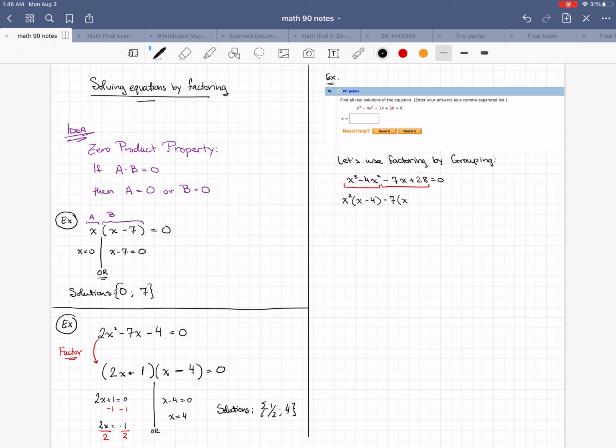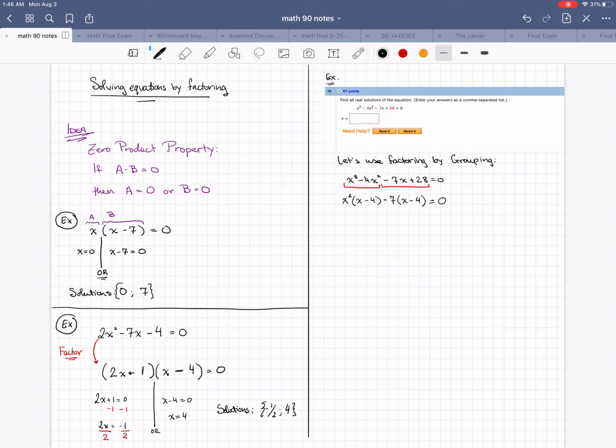And again, since we're factoring out -7, we will once again end up with x minus 4 because you're asking what would you multiply by -7 to end up with positive 28. As I'm thinking back on it, maybe this is very similar to an example we did in the grouping lesson, but not identical. So I don't want to confuse you all.